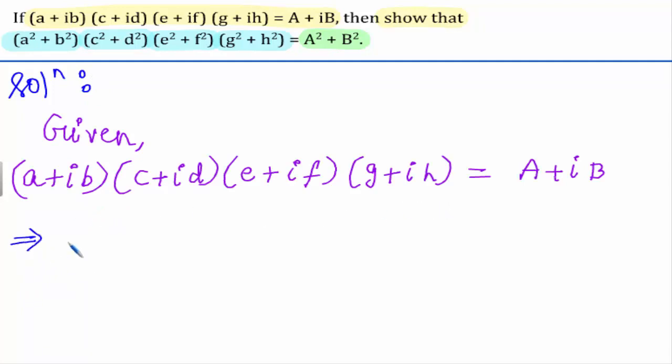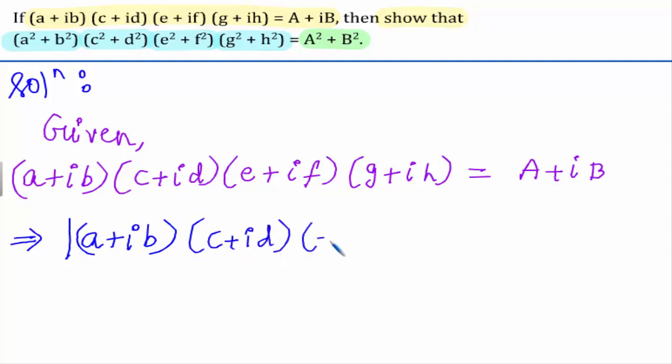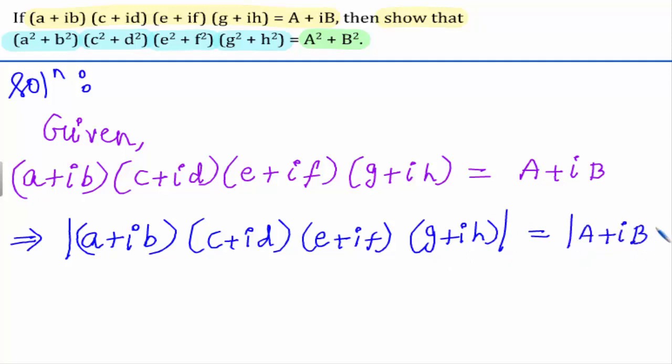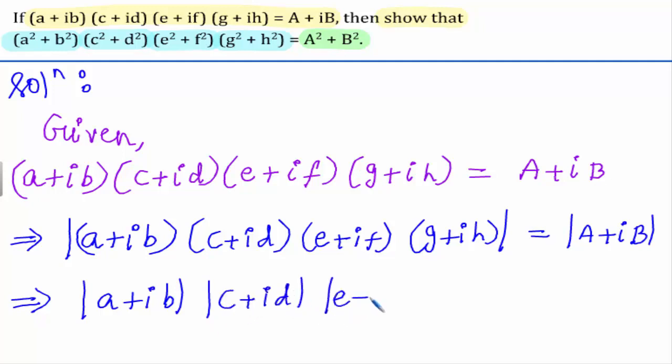So this can be written as modulus of (a plus ib) into (c plus id) into (e plus if) into (g plus ih) is equal to modulus of a plus ib. This implies modulus of a plus ib multiplied by modulus of c plus id multiplied by modulus of e plus if multiplied by modulus of g plus ih is equal to modulus of a plus ib.